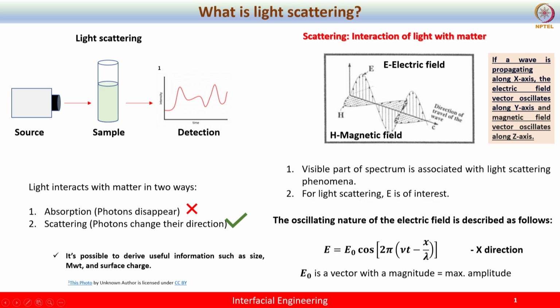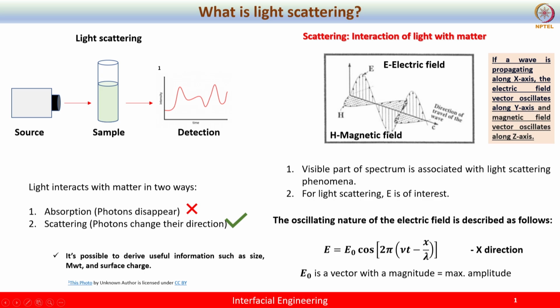In a nutshell, light interacts with matter in two ways. One is absorption. In this route, the photons disappear, so we have nothing to collect, and it is very difficult to decode anything from that output.